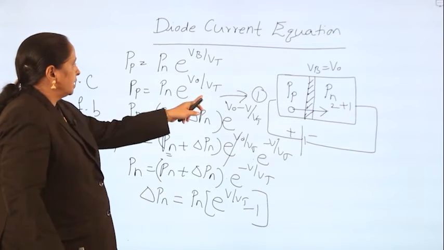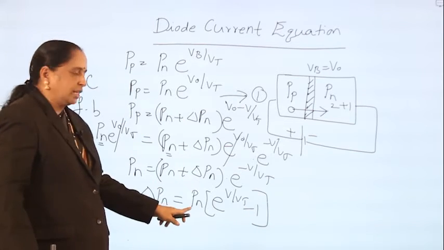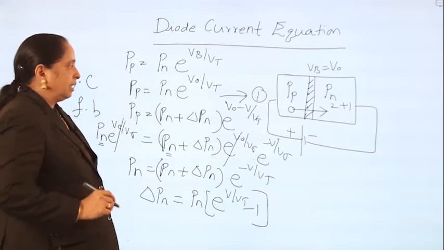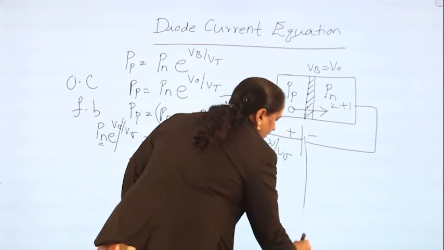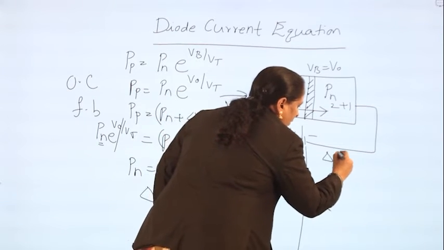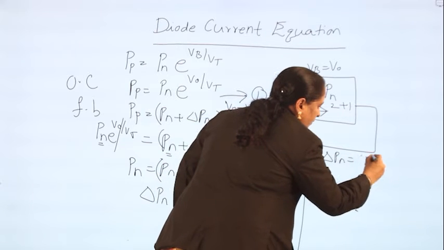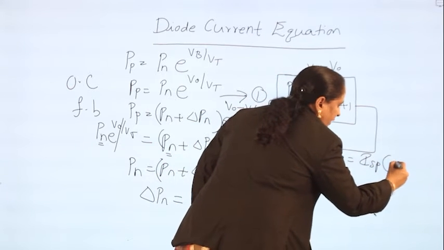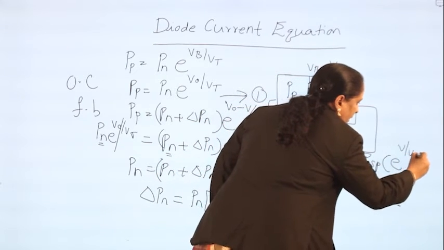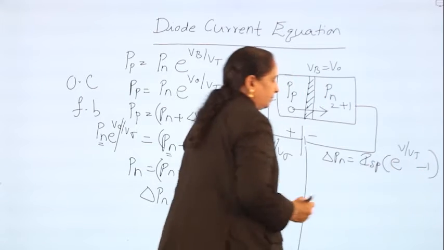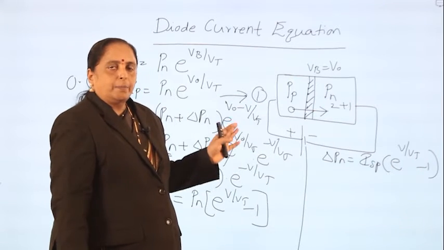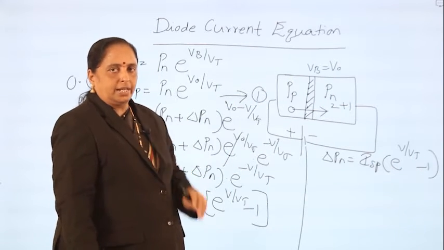Now, after substituting equation number 1 for Pn, finally we will get delta Pn equal to Isp into e power V by Vt minus 1. This is the number of excess holes entering the N region.